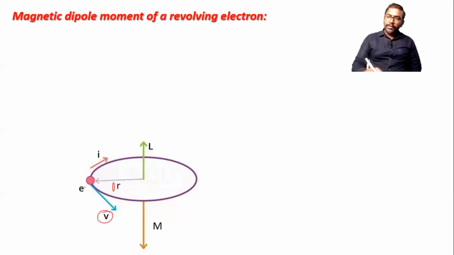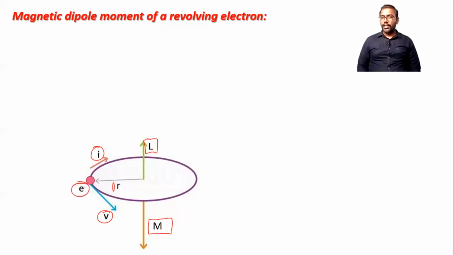As the electron is revolving in a circular way, I is the circulating current. Capital M is the magnetic dipole moment of this revolving electron. Capital L is the angular momentum of this revolving electron. And e is the charge. The electron has a negative charge, so we can write minus e, or simply e for the charge on the electron.